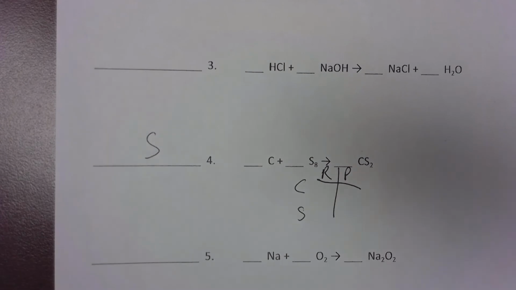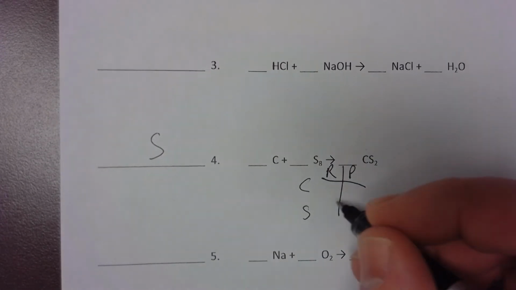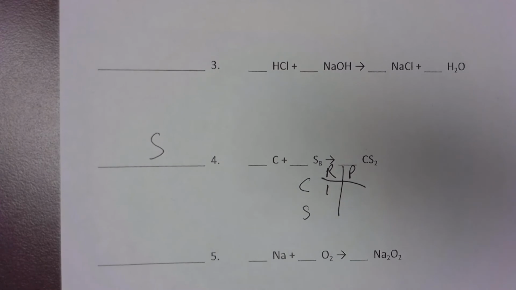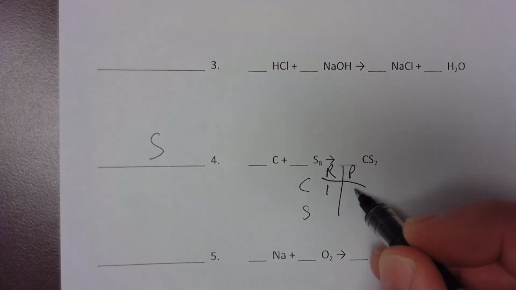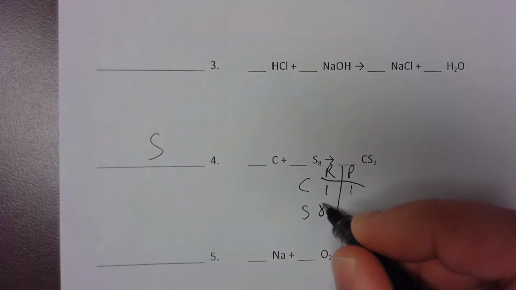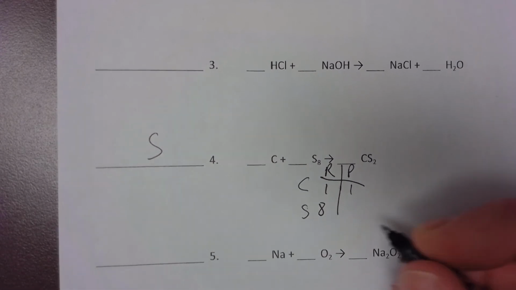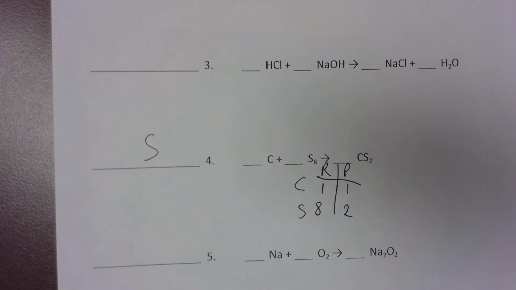With our reactants and products, we're looking at 1 C over there, and we have 1 C in our product side. But we have 8 S's on our reactant side and 2 S's on our product side.